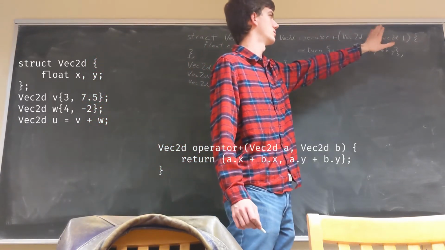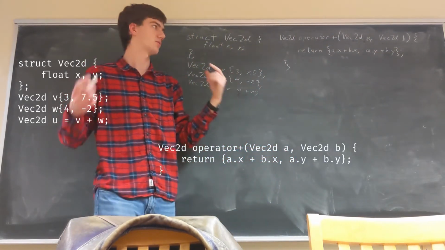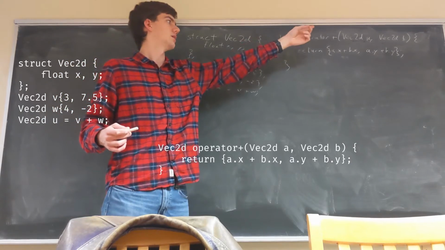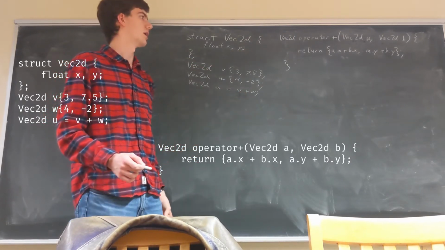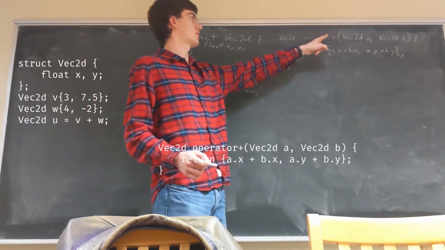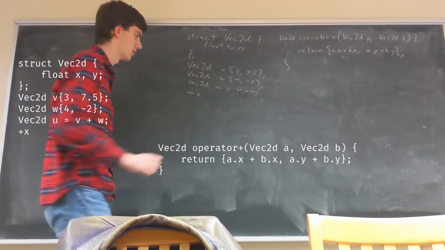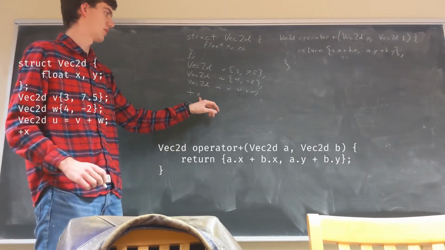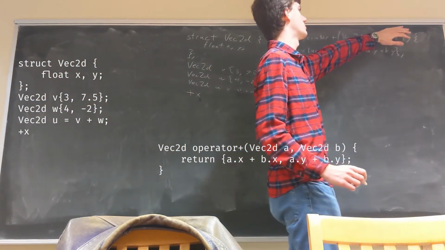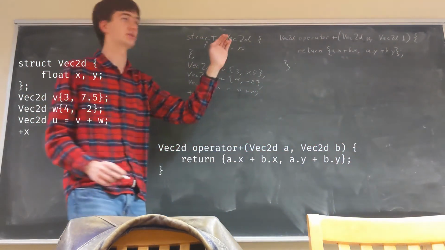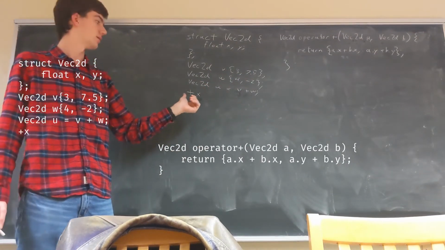You'd only put the second thing in the parameter list, and this object, like the current object that gets invoked on, is the first object. And if you were defining the unary plus, for example, because you can define what plus x means for x being a variable of a custom type, for any unary operator, you only provide one parameter, or in the case where you're defining it as a member function, you don't provide any parameters because this parameter is the operand.